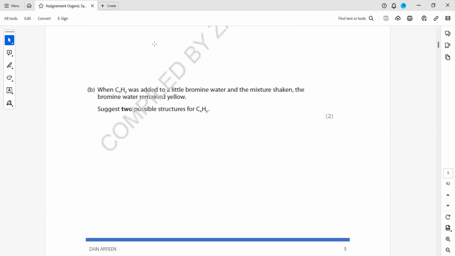And the hydrocarbon was added into a little bromine, and the bromine stayed yellow, which gives an idea it is C4H8. So it is not butene, it is not an alkene. It is an isomer of alkene, which is a cyclic alkane. So we have to draw a cyclic alkane. The possible structures, two possible structures: CH2, CH2, CH2, and CH2.